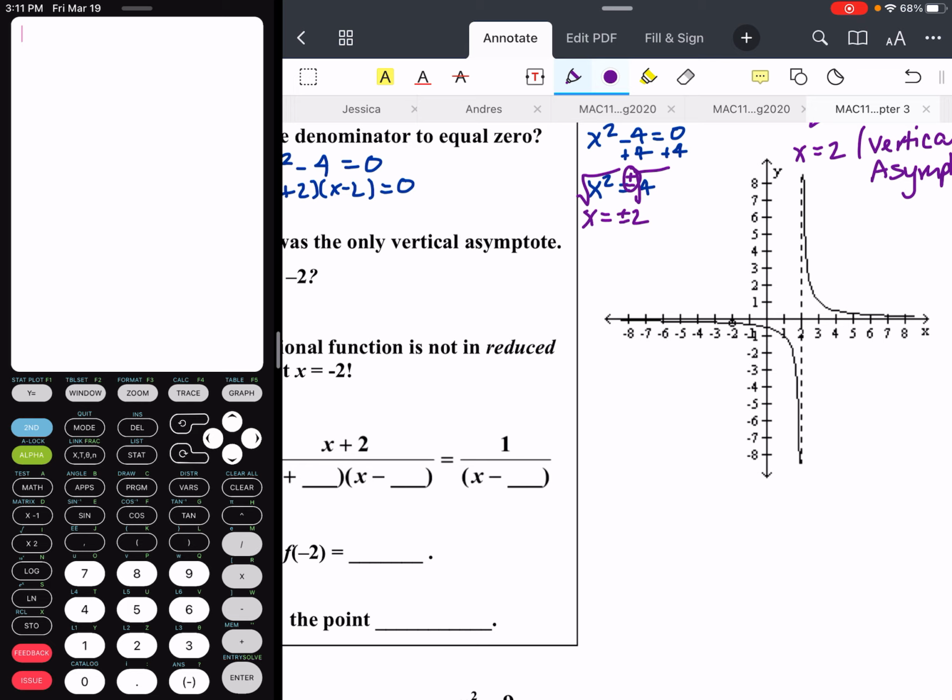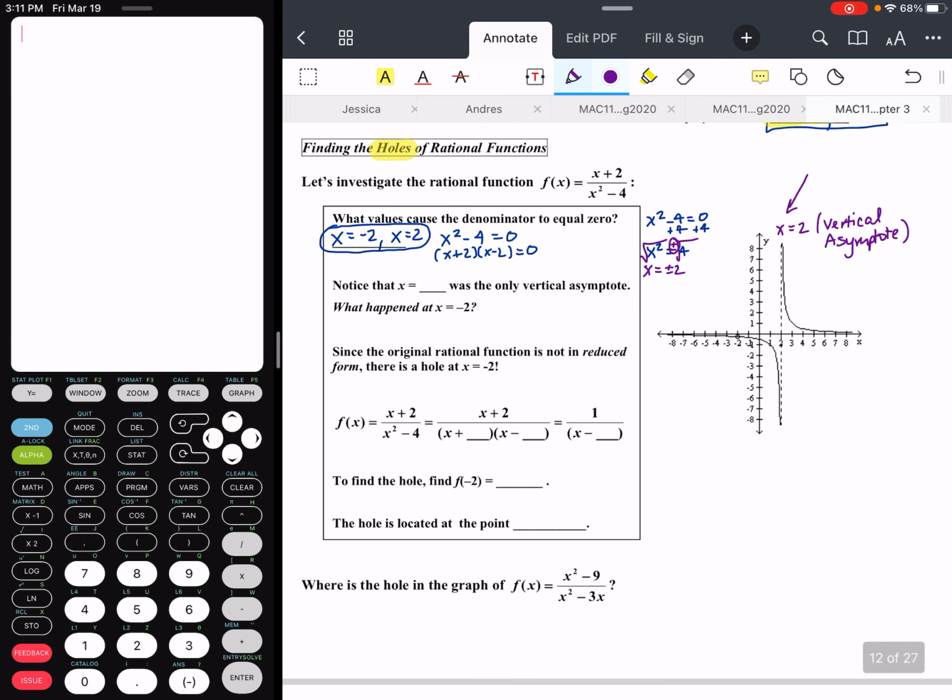There's a little open circle at negative 2, or you could call it a hole, right? So there's what's called a hole at x equals negative 2, meaning the function, let me write it this way, the function does not exist there.